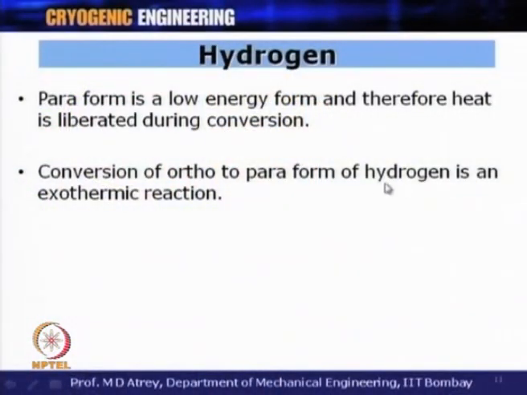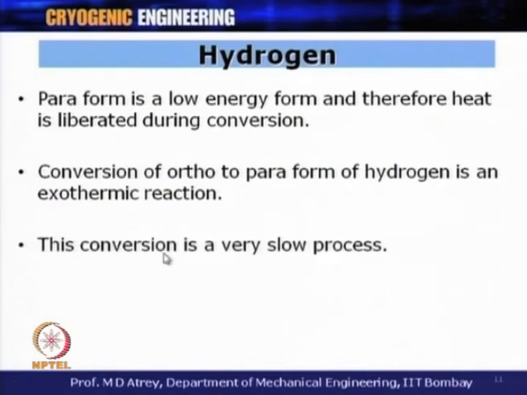So, conversion of ortho to para as one goes on lowering the temperature is basically going to result in the release of energy, or a lot of heat energy is involved over there. So, conversion of ortho to para form of hydrogen is an exothermic reaction, and this conversion is a very slow process. This is the most important point again about this conversion.